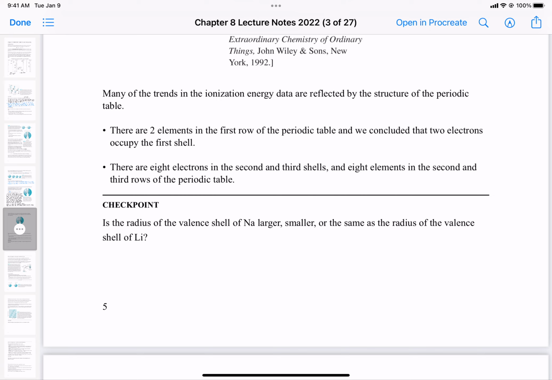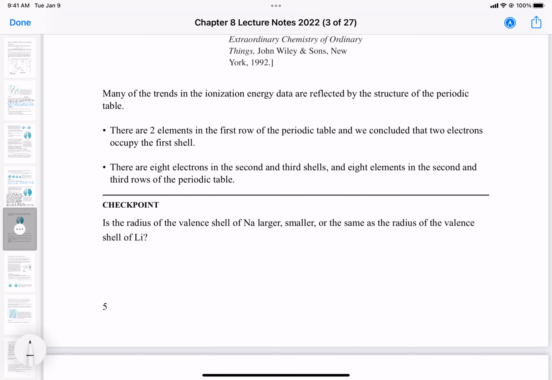Is the radius of the valence shell of sodium larger, smaller, or the same as the radius of the valence shell of lithium? Okay. So this might be kind of confusing to think about since we haven't talked about atomic radius of elements yet. We'll be talking about that in the next series of slides.